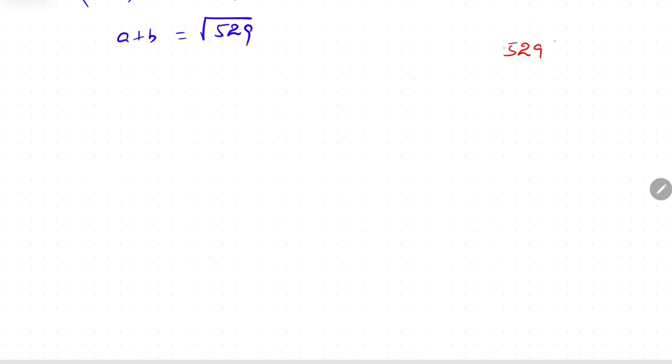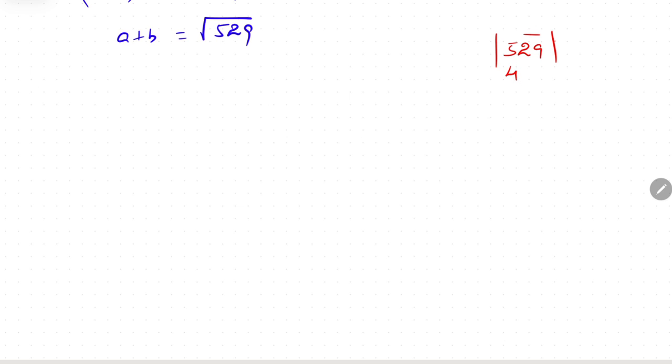So 529, in the division method. We group these two digits, so we are left with only one digit, that is 5. The perfect square near 5 is 4, which is the nearby perfect square.